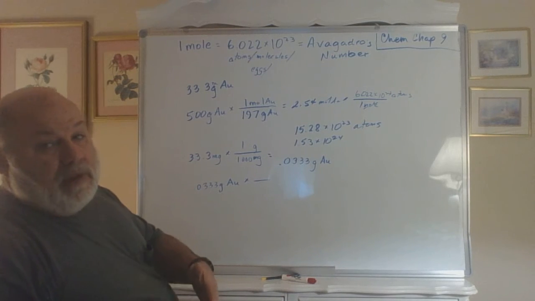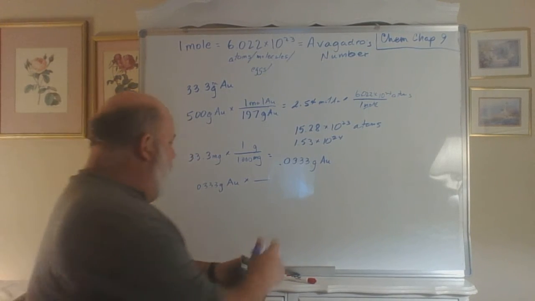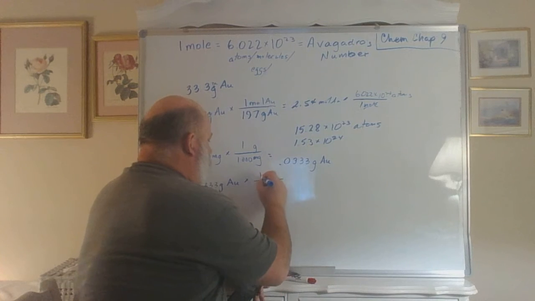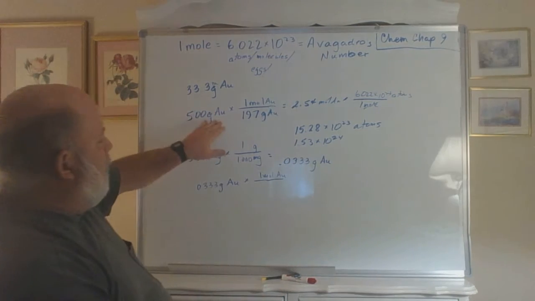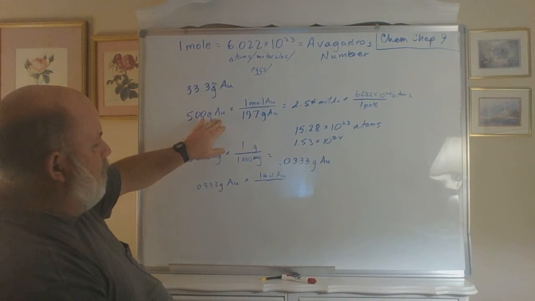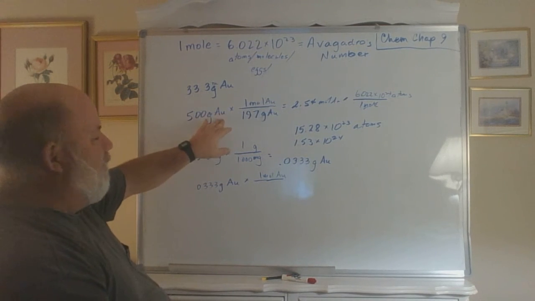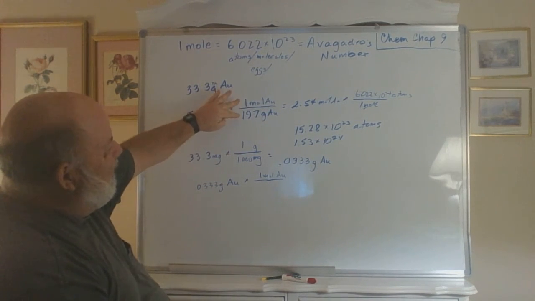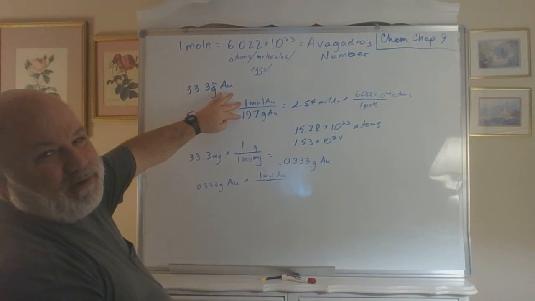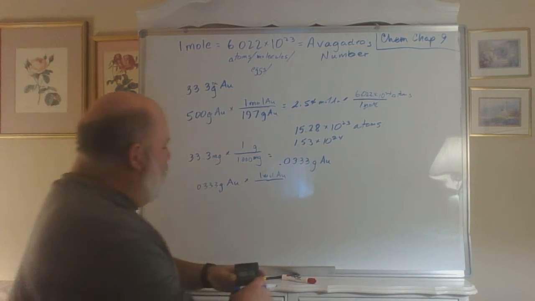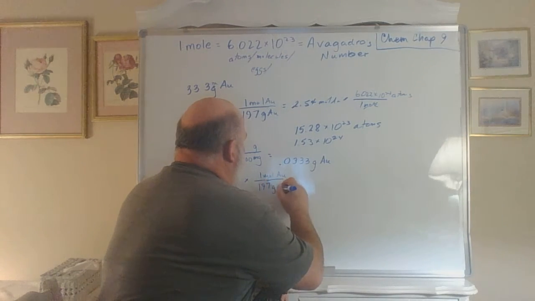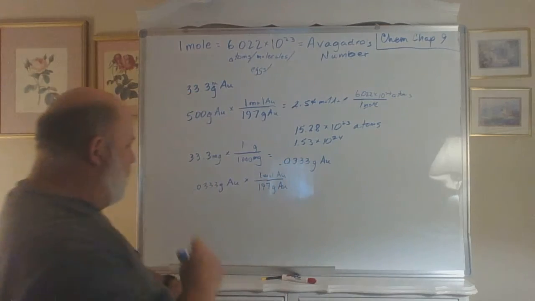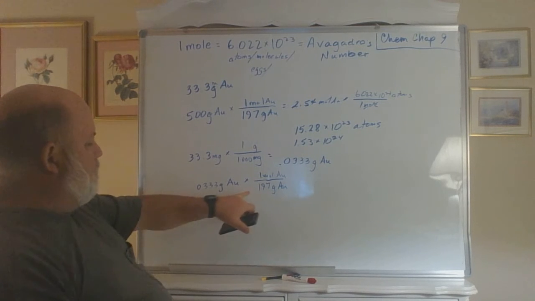I'm going to find out how many moles of gold I have. Well, 1 mole of gold, just like I did up here when I had 500 grams of gold, I multiplied by this unit multiplier: 1 mole of gold over 197 grams of gold. Okay? This is going to be a really small number.